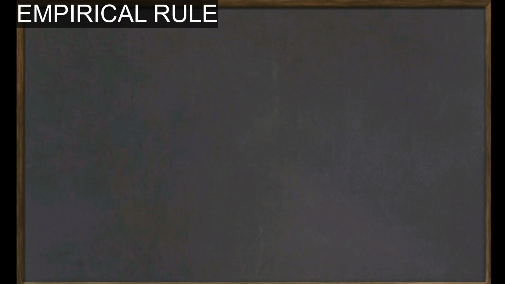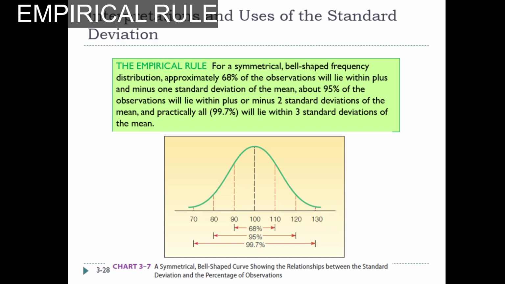In later chapters, we'll actually calculate more about why this is true. So the empirical rule is kind of a rule of thumb as to where we can know a lot of observations fall, or a percentage of observations, I should say. And that's based around, and I'll just flip to what your book has, because they do a nice job of introducing it.